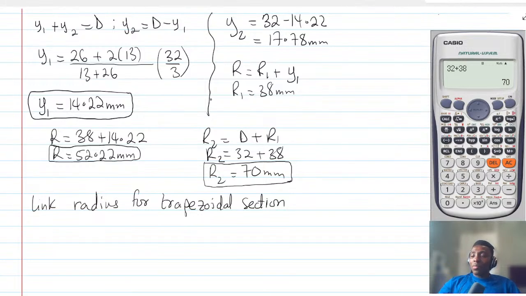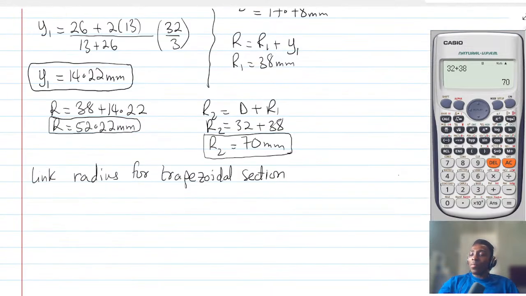Now let me write the formula for you. So the link radius formula for a trapezium is given by h squared equals, so h squared is equal to r cube divided by a.